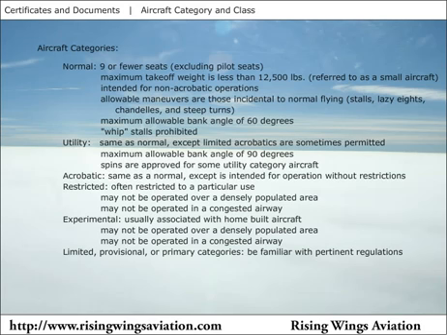The category of your aircraft will be shown on the airworthiness certificate. Prior to operating an aircraft, make sure you are familiar with the specific limitations and legal restrictions in place for that aircraft. As a private pilot rated for single-engine land airplanes, the airplanes you fly will likely be certified in the normal or utility categories.